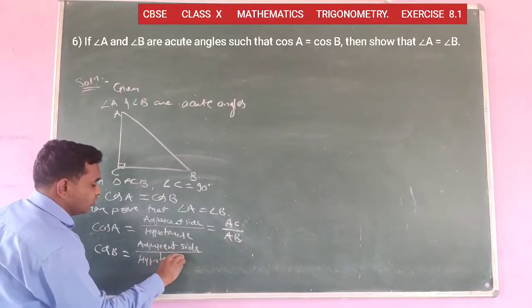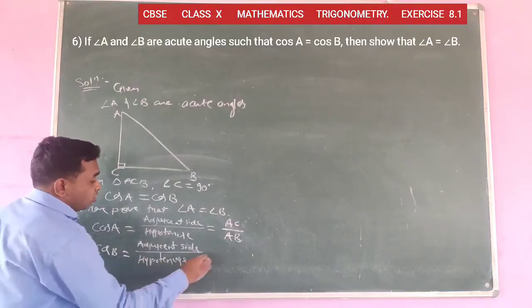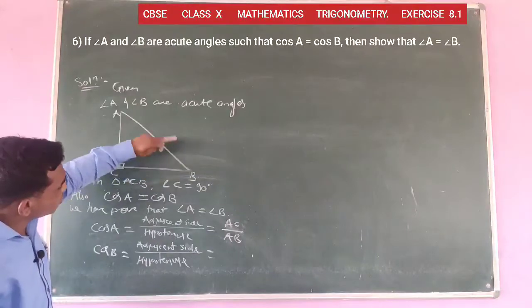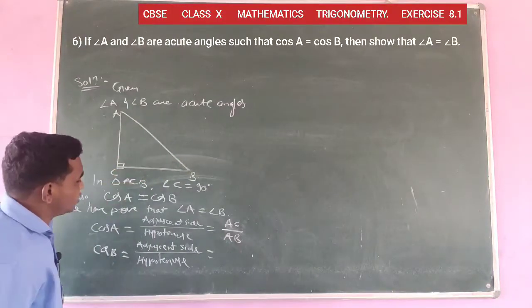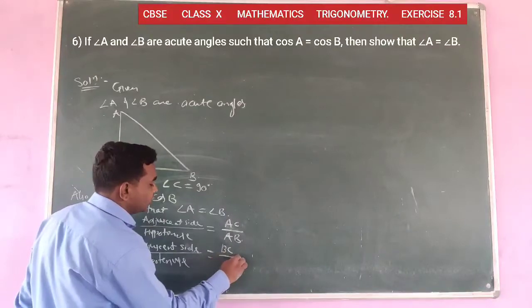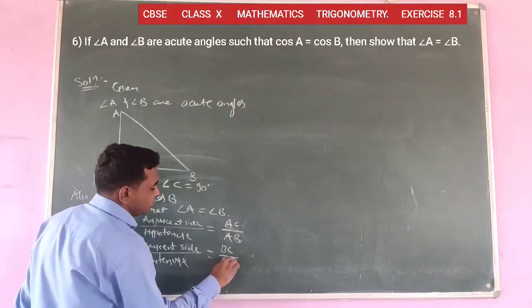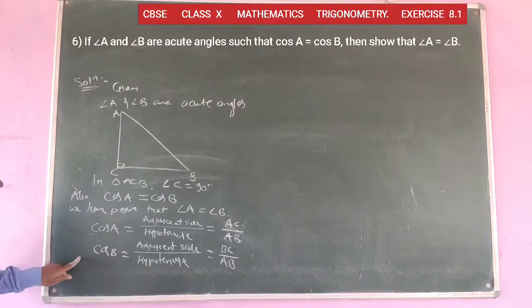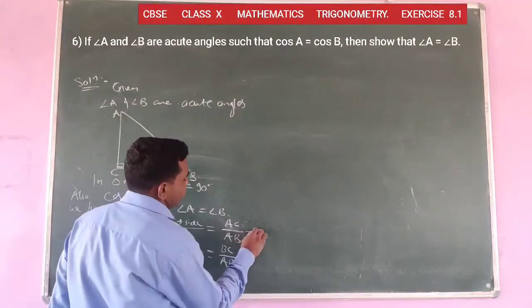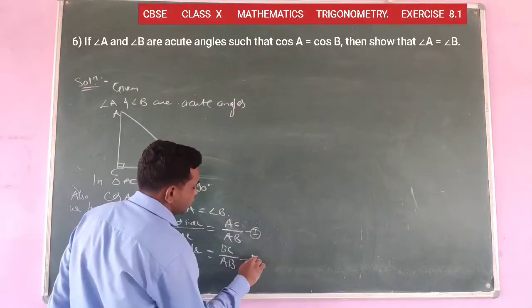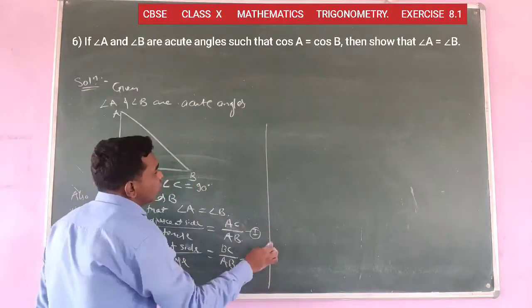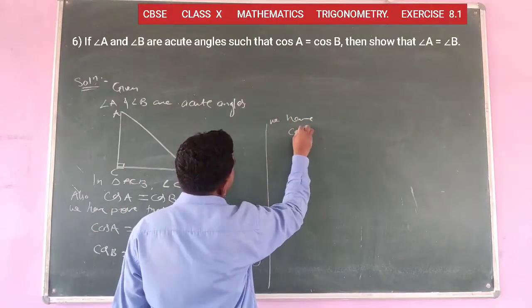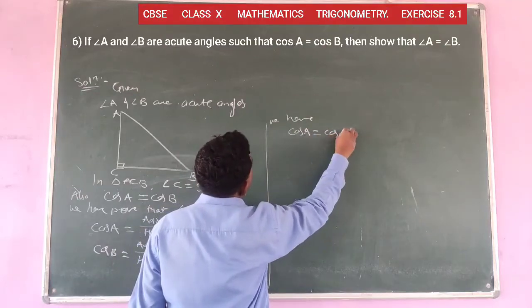For the position of the angle B, according to the position of angle B, adjacent side is BC and hypotenuse is AB. So this is equation number 1, and the second ratio is equation number 2. Also, which one is the given part? Cos A is equal to cos B.